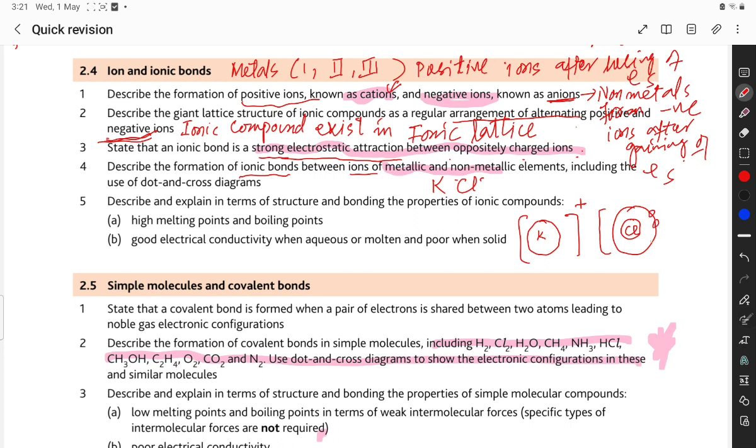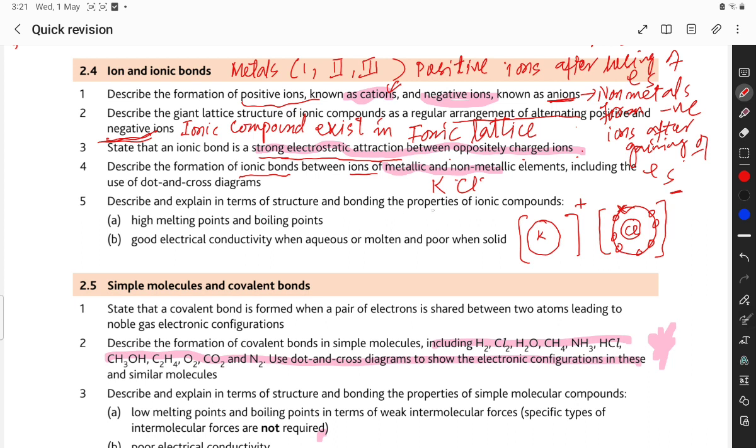Chlorine has 7 electrons because it is present in group 7. It is deficient of 1 electron, which is donated by potassium; chlorine gains this electron from the potassium. This is the dot and cross diagram of an ionic compound, ionic bonds. Okay, so just draw like this.